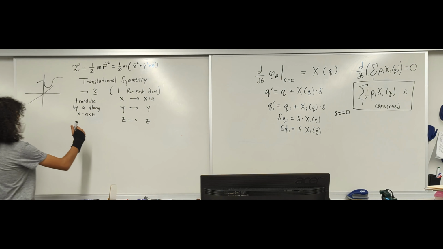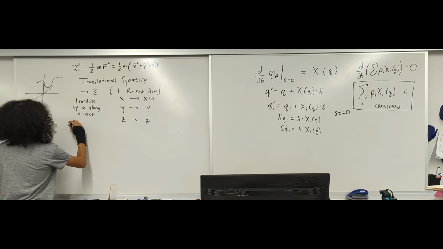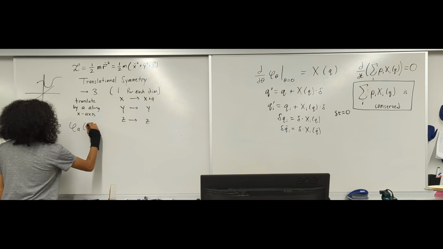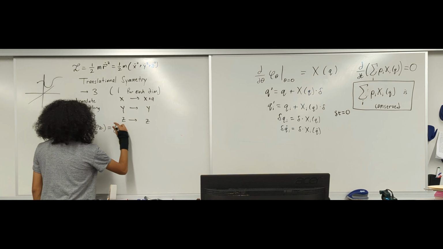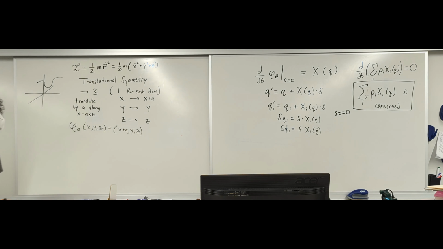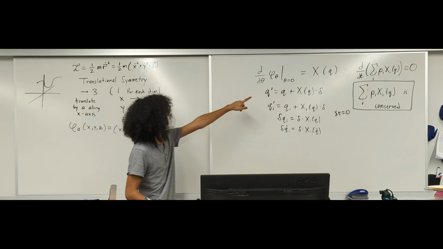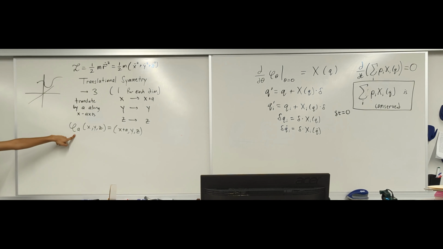So phi sub a of x, y, z, in terms of coordinates, is x plus a, y, z. Then this X is the derivative of this phi a with respect to a, when a is equal to 0.